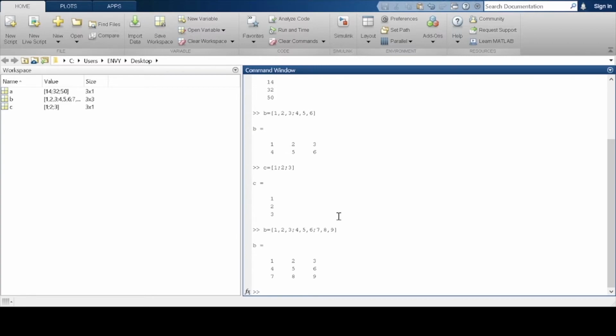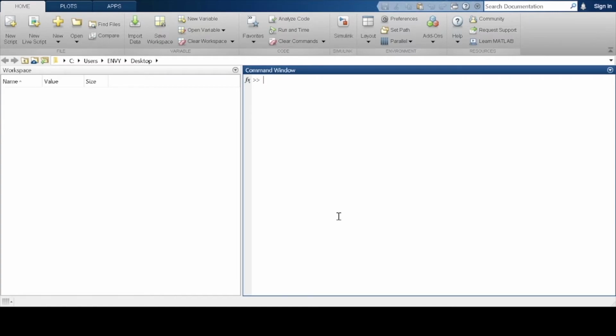Now I'll move on to multiplying two matrices. The same rule applies. Let's take a matrix of dimensions 2 cross 3, or let's make it a little harder, 3 cross 3.